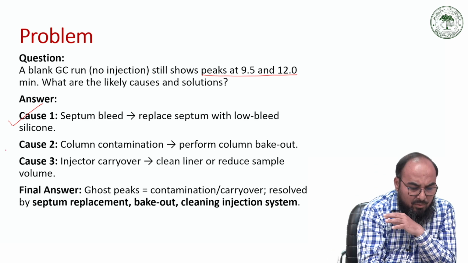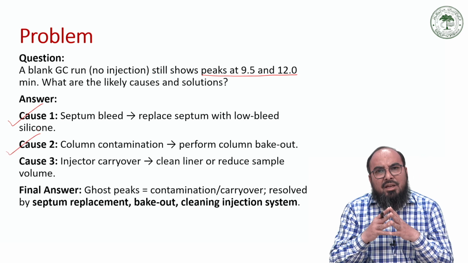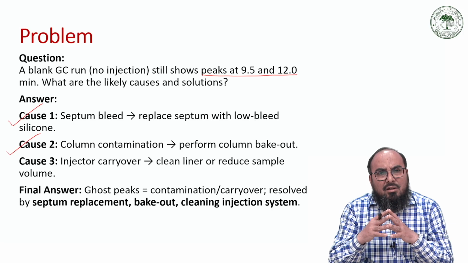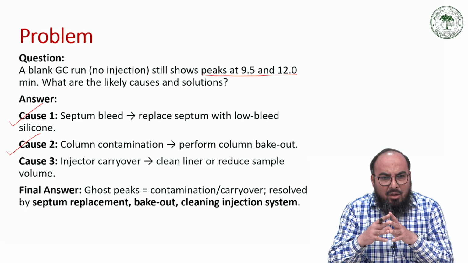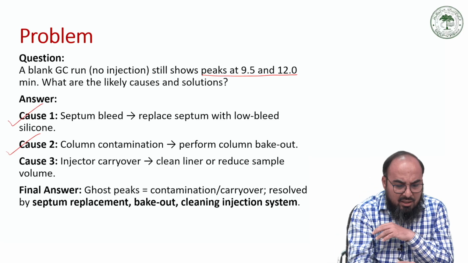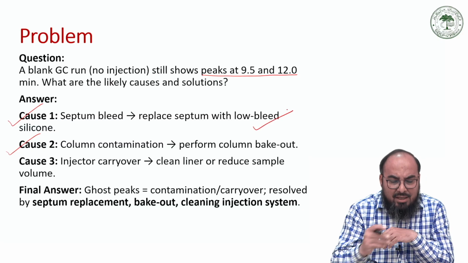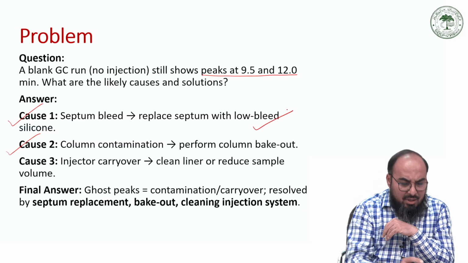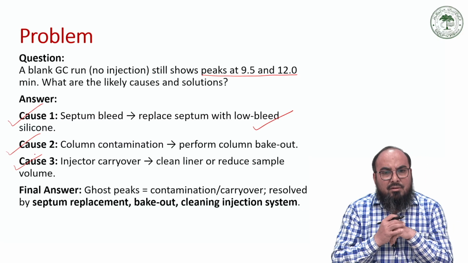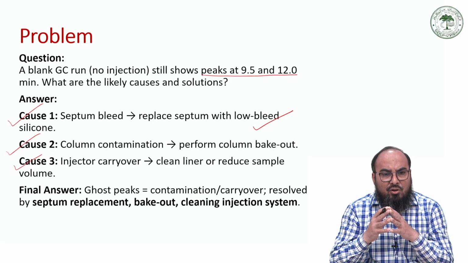Similarly, another probable cause may be column contamination. There may be some leftover analyte of the previous runs that is coming. So you have to perform column bakeout. Similarly, if there was a septum bleed, then you have to replace your septum. Another cause may be injector carryover, so you have to clean your liner and reduce your sample volume.